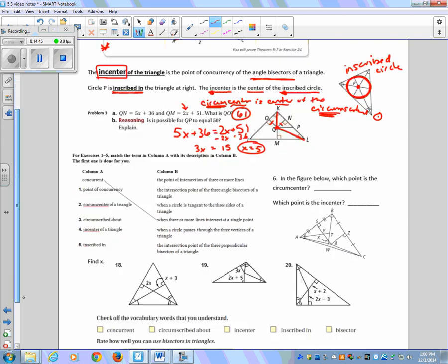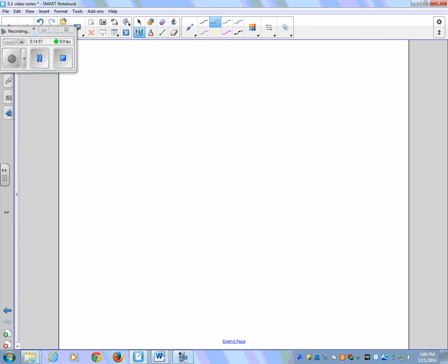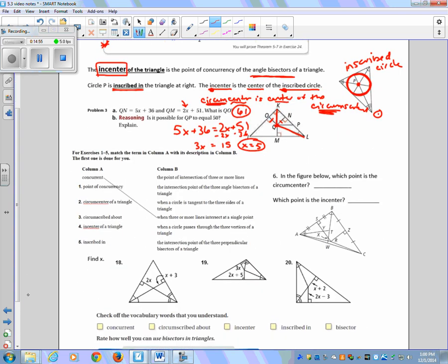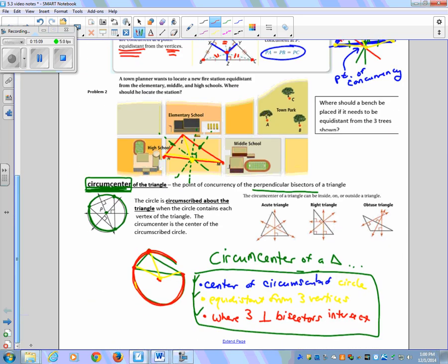Okay, so that is generally going to be the idea here. Just as a recap, a point of concurrency is where three lines intersect. And specifically in this lesson, we learned about perpendicular bisectors, and they all come together and meet at one point called the circumcenter.